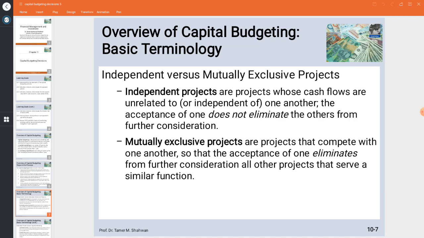This means that if we have 2 projects, A and B, and the selection of A will eliminate the selection of B because both of them serve a similar function, in this case we describe those projects as mutually exclusive projects.